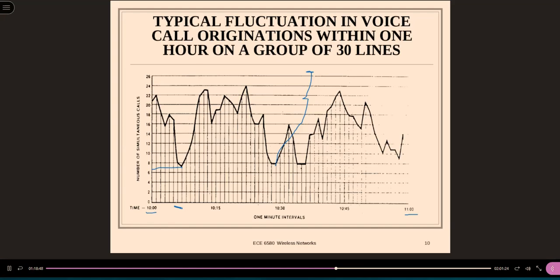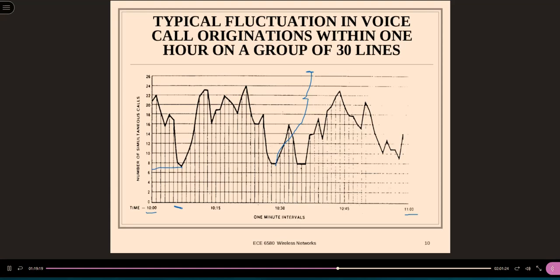So this is the challenge now, to try to understand the stochastic process that models the statistical behavior of traffic demand. If you don't have this, there is no way you can intelligently design a network, whether it's wireless or wire-based, doesn't really matter, and provide the required amount of capacity to service the demand, and of course also to service the demand with a certain quality of service.